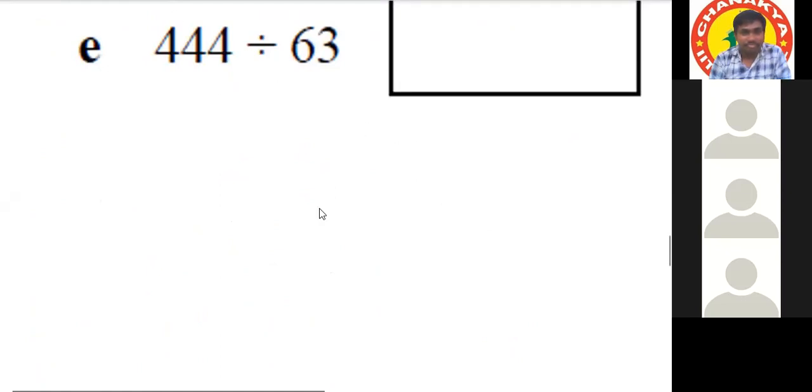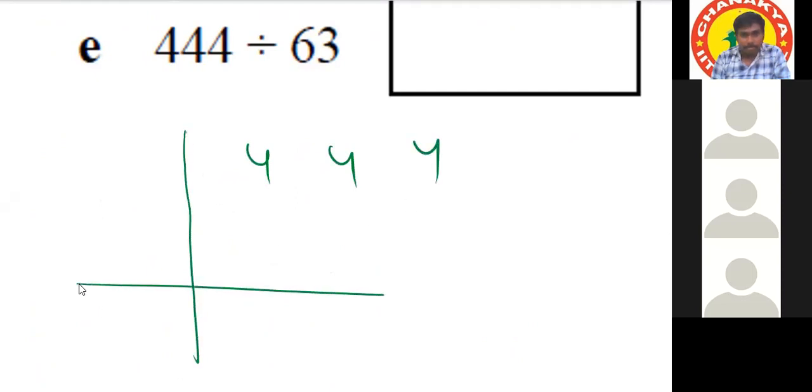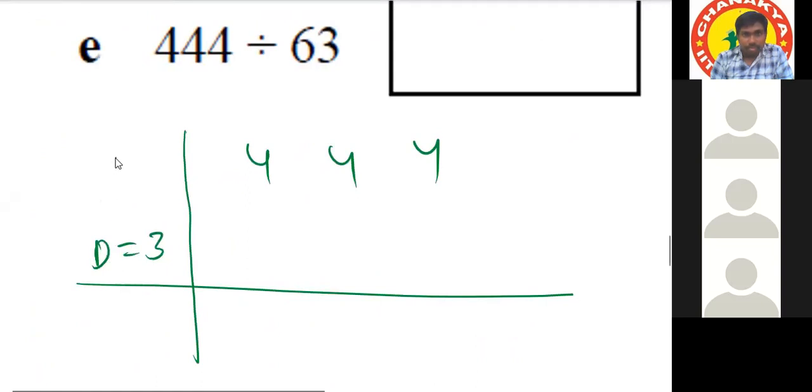Sir, 444 is the dividend, sir. Okay. And now 3 as the divisor. Okay. And 6 as the flag. No, no, sir. 6 is the divisor. 3 is the flag.